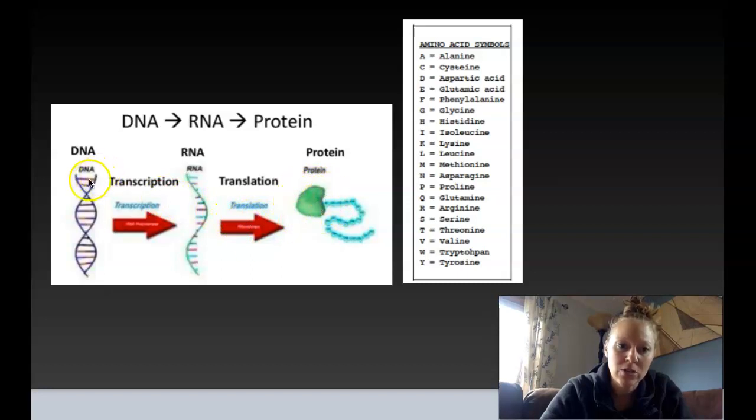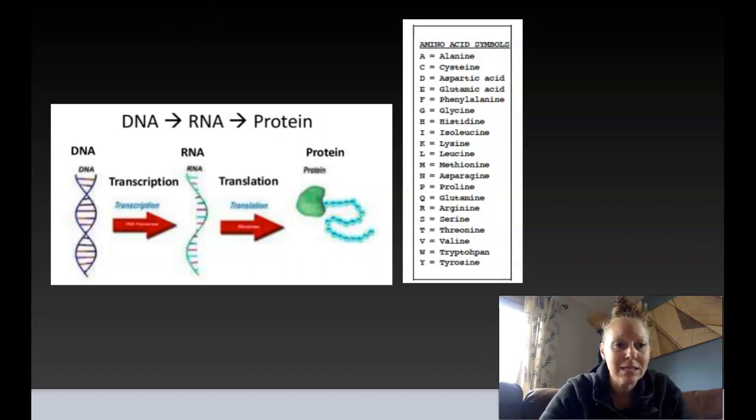This is the set of instructions on how to make proteins. If you change the sequence of the A's, the T's, the C's, and the G's, then you're going to change how the protein is made. And that's going to change the order of the alanines, the cysteines, the aspartic acids, etc.